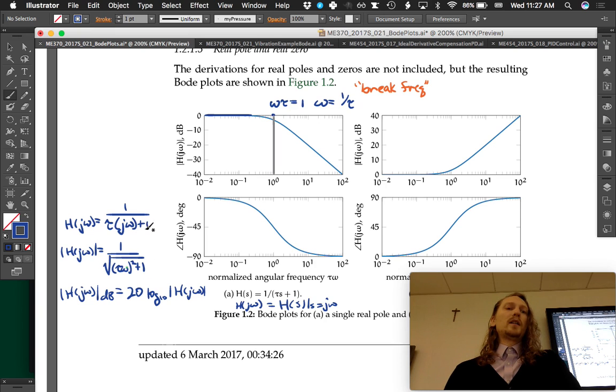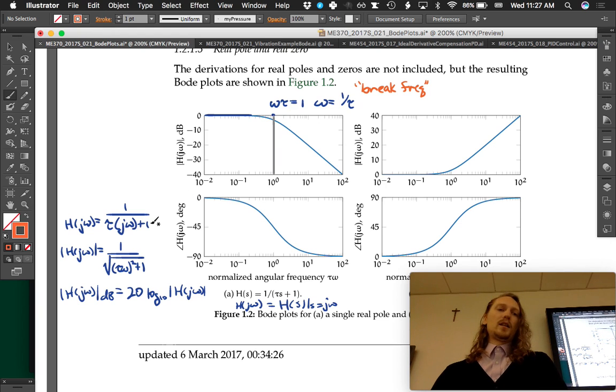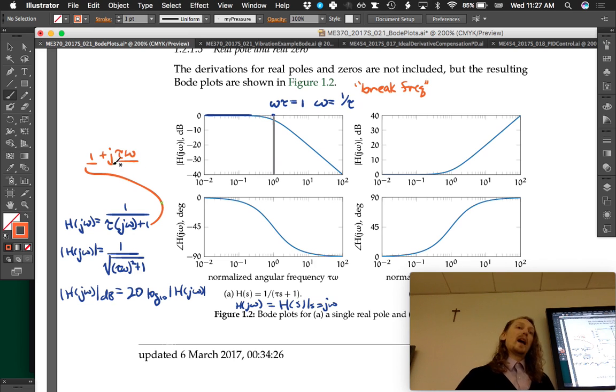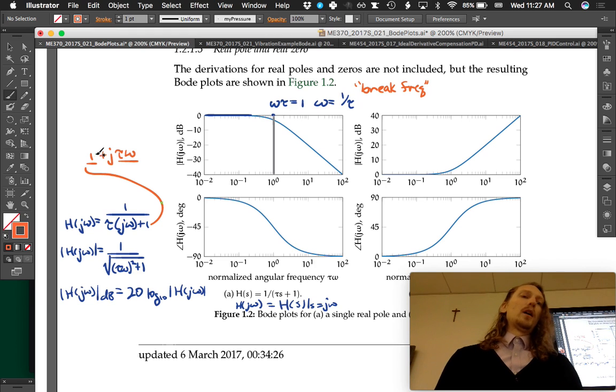The denominator has a real part, which is just 1, and an imaginary part, so plus j times tau omega. To find the magnitude, I take the square root of 1 squared plus tau omega squared. To find the phase, I take the arctangent of the imaginary part, tau omega, over the real part, 1. And I can combine those phases by doing the quotient.